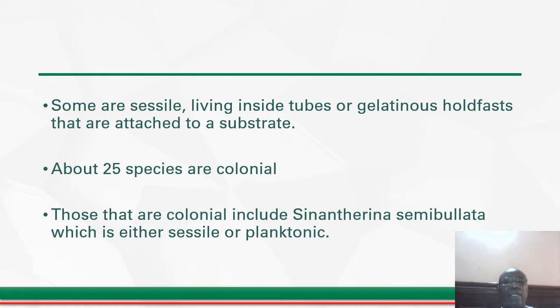They live inside tubes or in a gelatinous holdfast attached to a substrate in their habitat. We have about 25 species of rotifers that are colonial in nature, and those that are colonial include Synantherina semibullata, which is either sessile or planktonic.